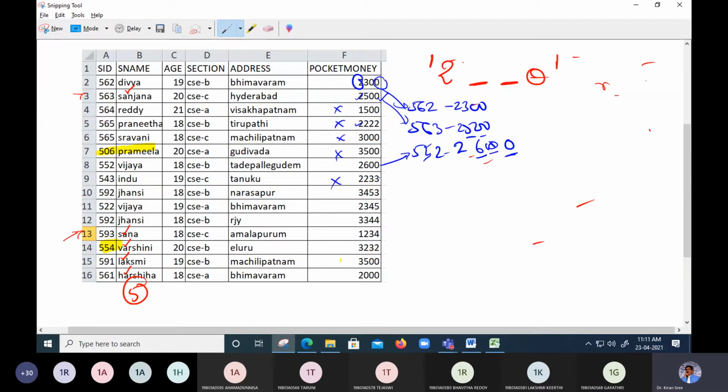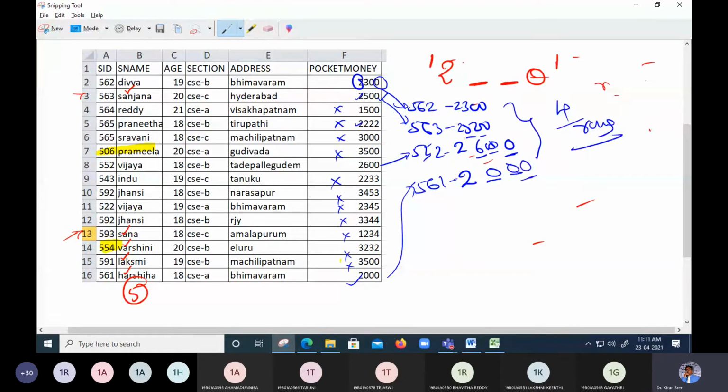No, because it is ending with 3. So in this way, we can't take all the values. Now tell me what about this record? That is the 561 record. It is starting with 2, there are 2 cells 0 0, and ending with 0. Can we take this? So how many records are you going to expect? We should expect 4 rows.